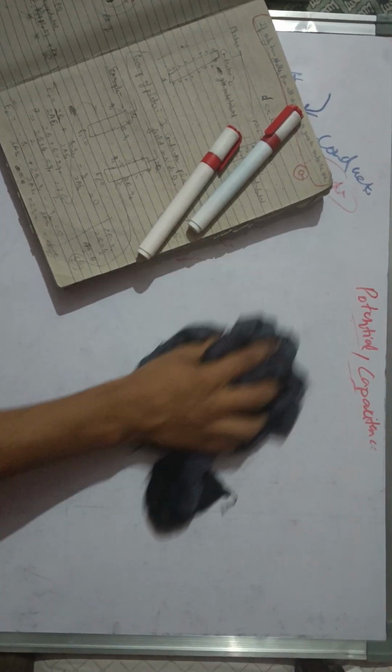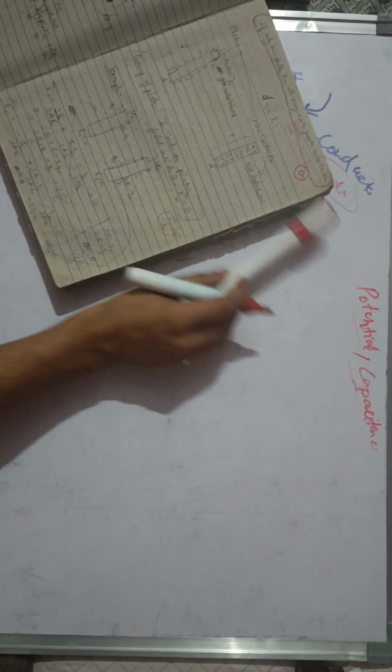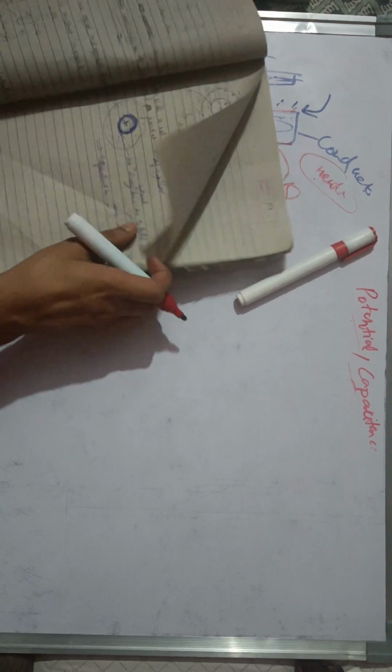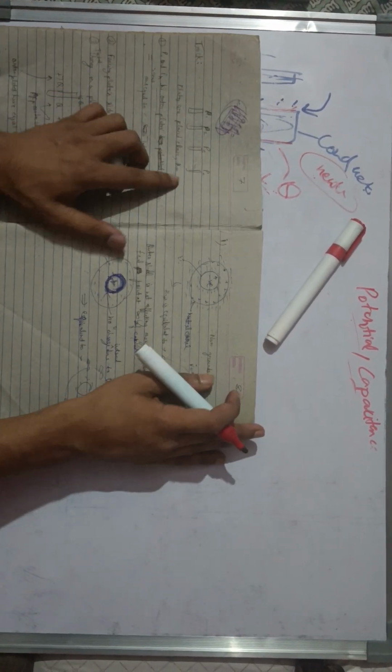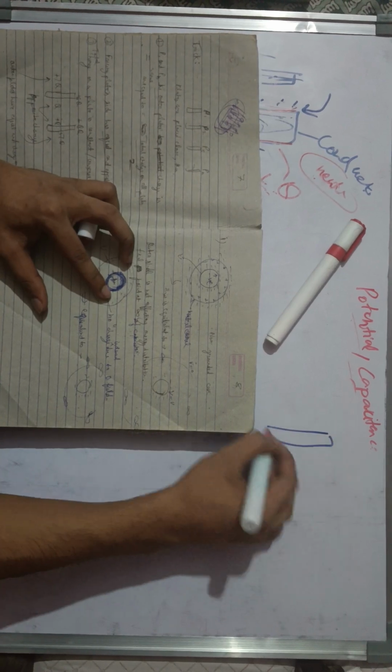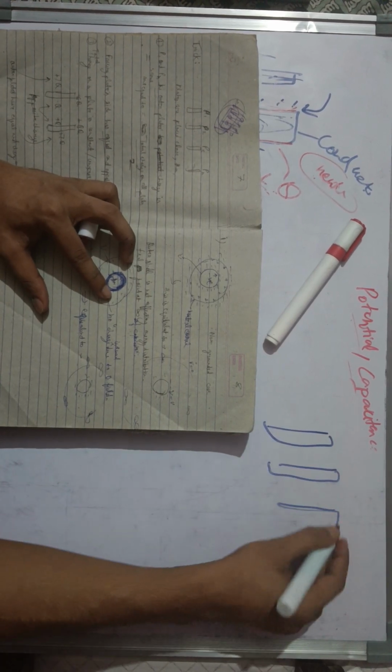The way to calculate the charge stored at any side is like this. Let's say there are some plates P1, P2, P3, dot dot dot.